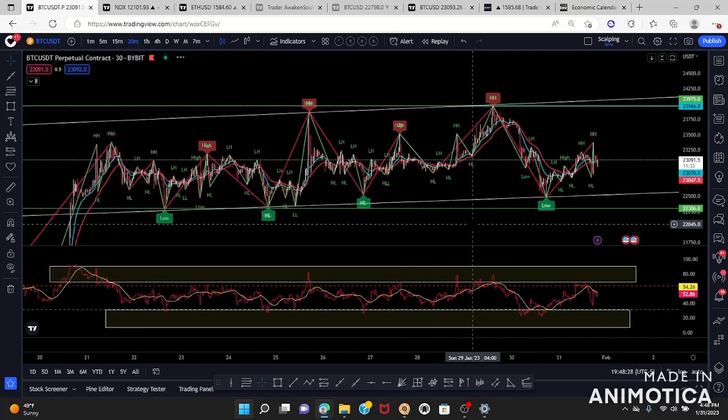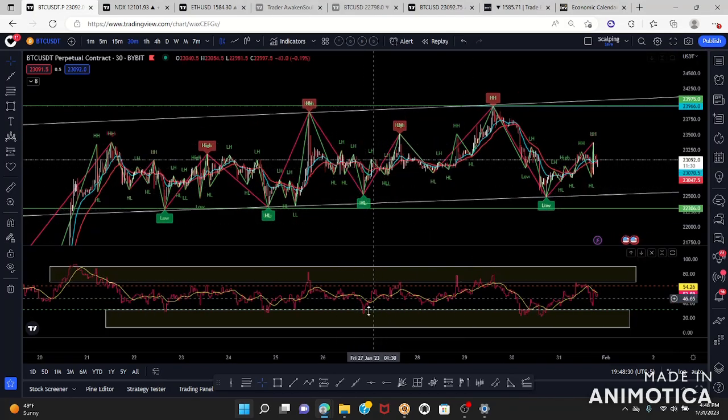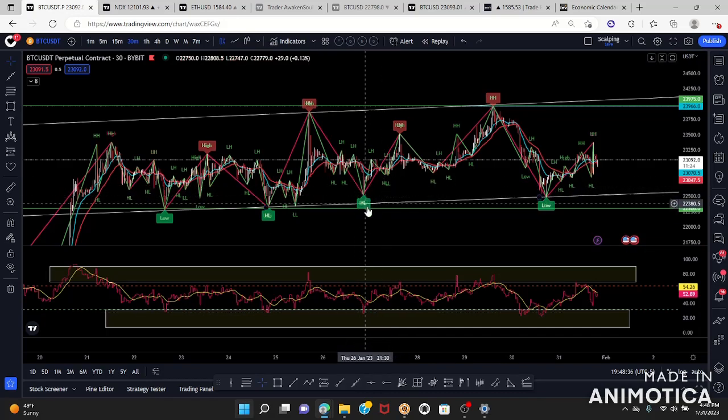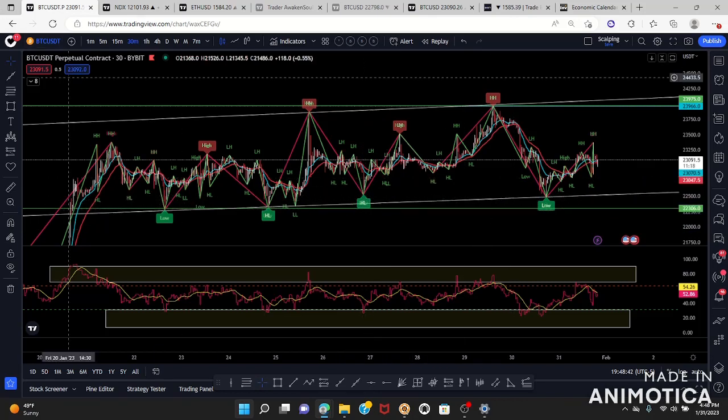So this is a quick example. Once I have RSI oversold, I wait for my next higher low, and my stop loss is under the previous low. I hope that makes sense.